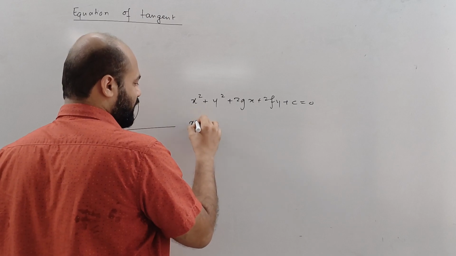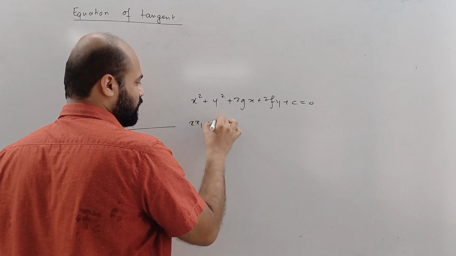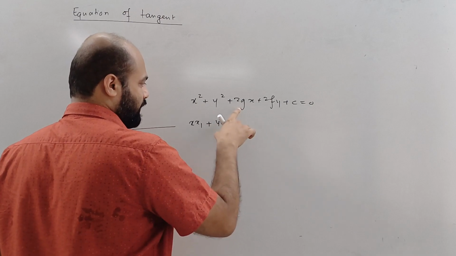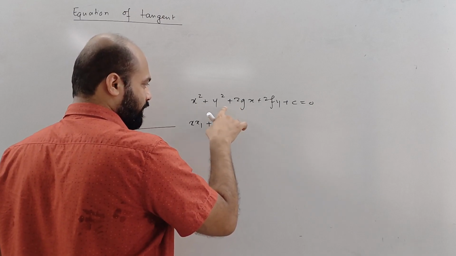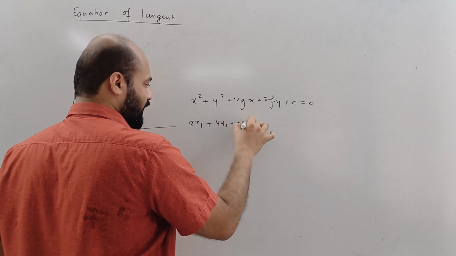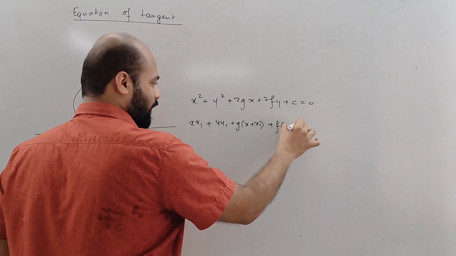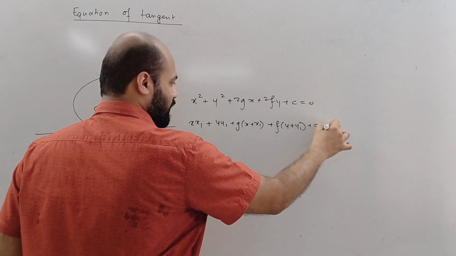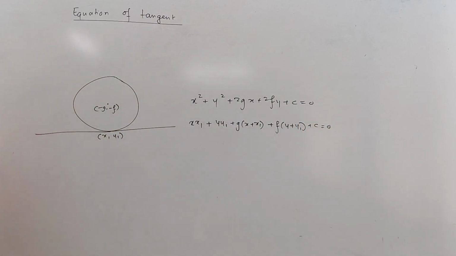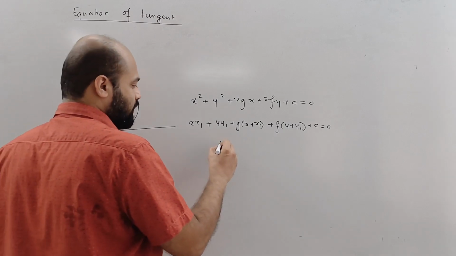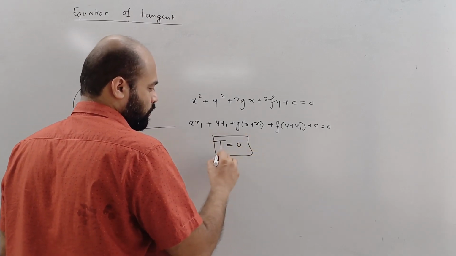This term is going to be divided as x1, this term is going to be divided as y1. This I can write now, we have to make half of this: g times x plus x1, f times y plus y1 plus c equals 0. So in this particular case, this is the equation T equals 0.